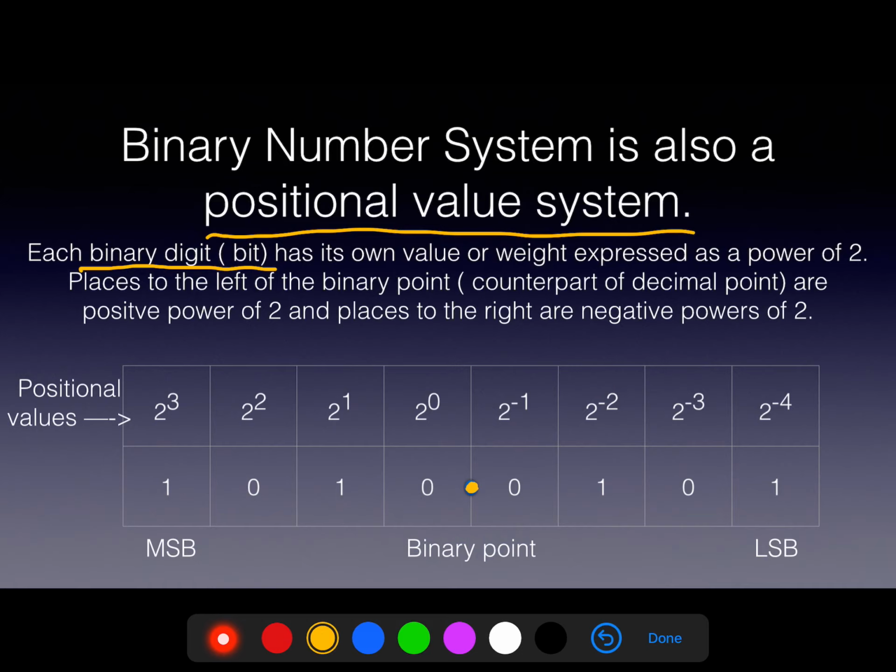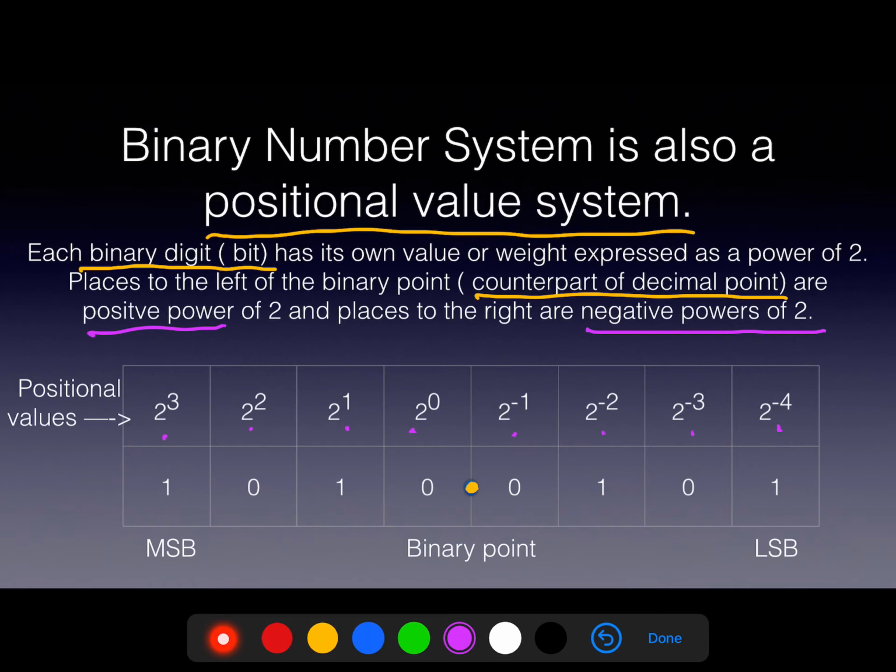Like we have a decimal point in decimal numbers, we have a binary point for binary numbers. It's the counterpart of the decimal point. Places to the left of the binary point are positive powers of 2, whereas on the right these are negative powers of 2, as you can see here.